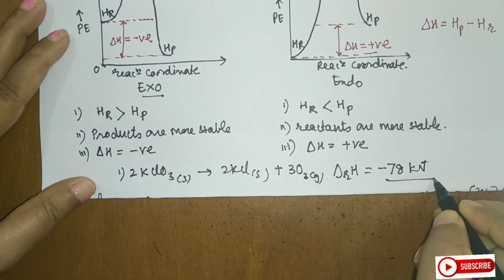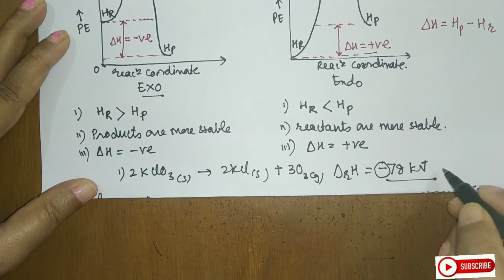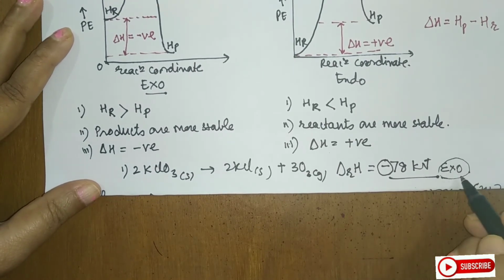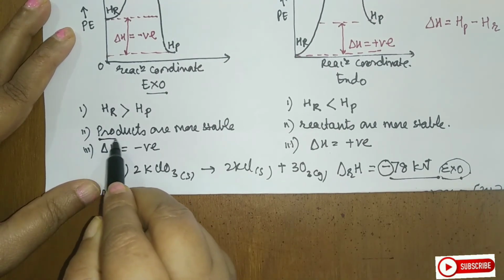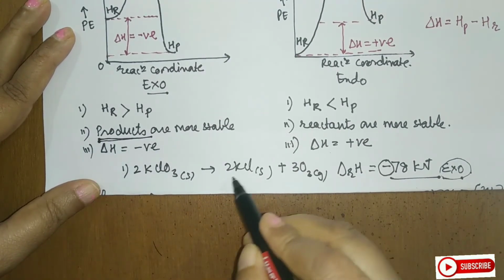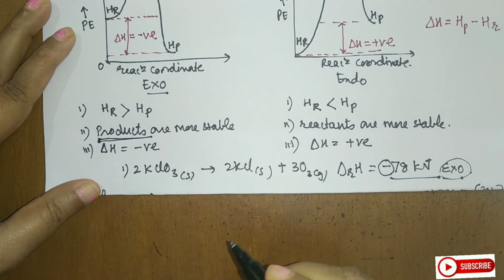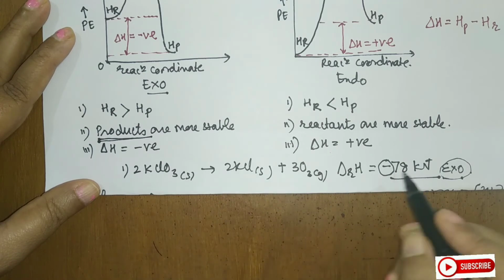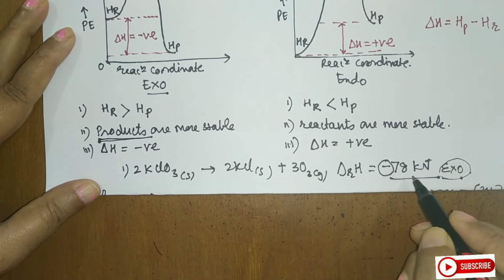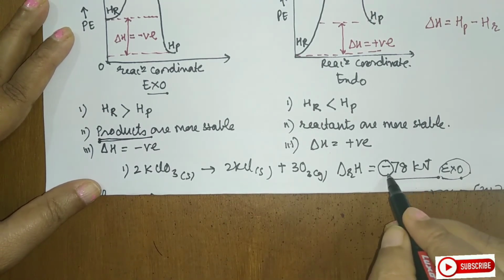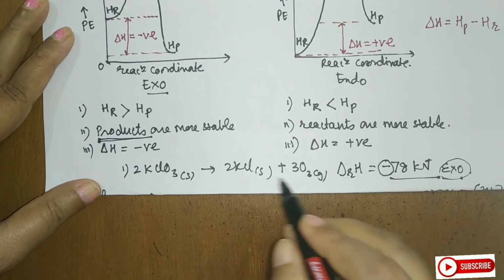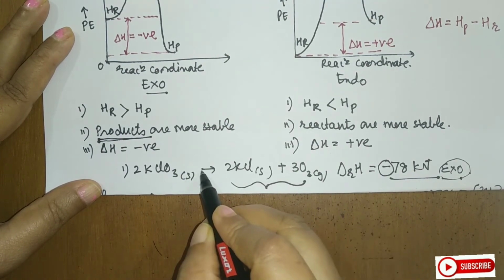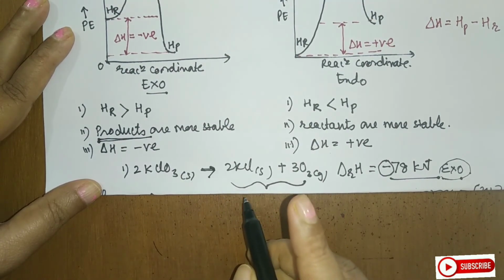This value has a negative sign, which means the reaction is exothermic in nature. When it is exothermic, what will be stable, student? Products will be stable. What the value signifies is that the reaction proceeds with the release of 78 kJ of energy. When it releases 78 kJ of energy, the products formed are stable, which means the forward reaction is favored.